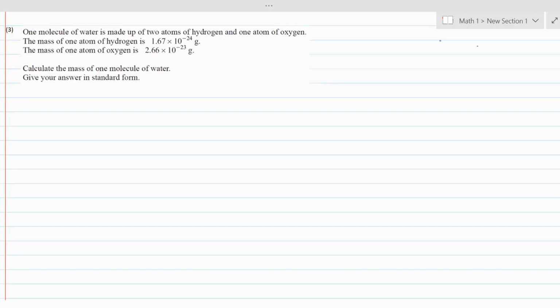Let's solve question number 3 now. This question says one molecule of water is made up of 2 atoms of hydrogen and 1 atom of oxygen. The mass of one atom of hydrogen is 1.67 into 10 raised to the power minus 24 grams, and the mass of one atom of oxygen is 2.66 multiplied by 10 raised to the power minus 23 grams. We have to calculate the mass of one molecule of water.